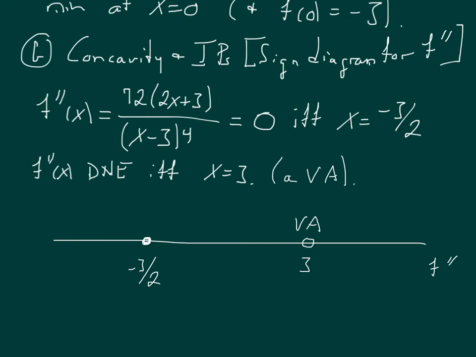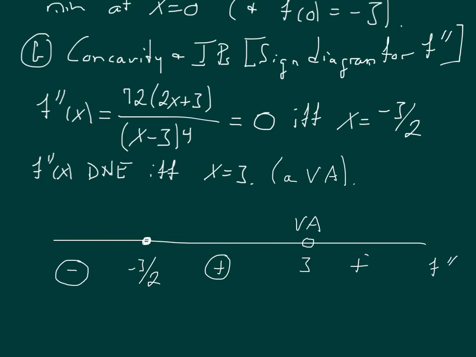Remember, it can't change sign on any of these intervals, so you just have to check at one point in each interval. For example, if you evaluated f prime prime at minus 4, you would discover that you'd get a negative value. So in the entire interval, minus infinity to minus 3 halves, it's negative, and then it's positive.